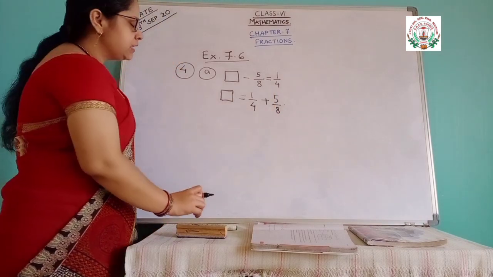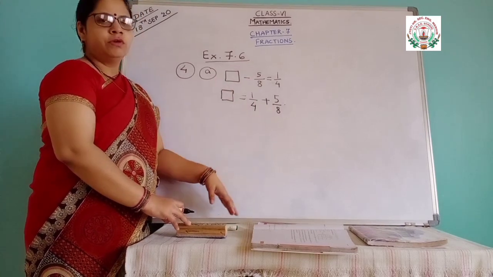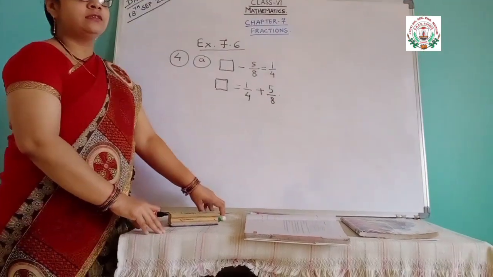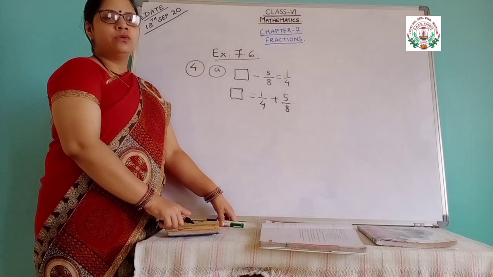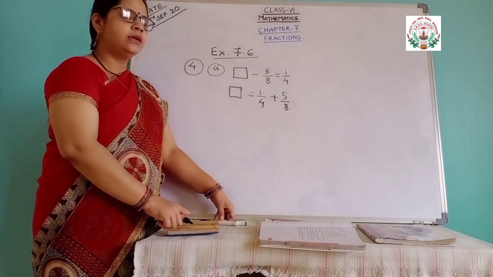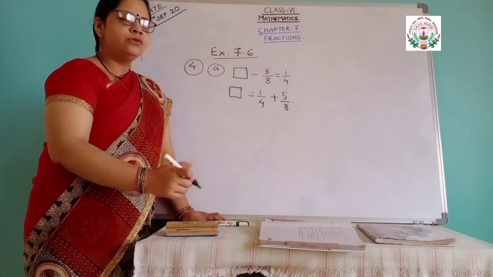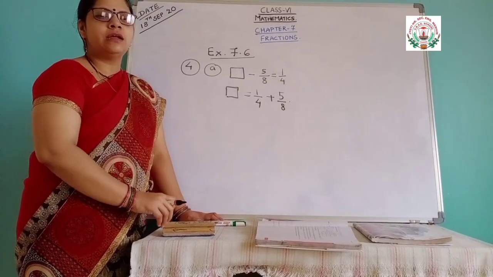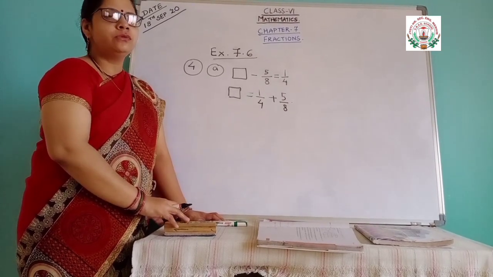Now some students write this 5 by 8 at the first position and then 1 by 4. Let me explain this with an example. Suppose you are standing in a queue for your copy checking in the classroom near the teacher. When you bring the copies, do you enter at the first position when 10 students are already standing there? Will they give you the space at the first position?